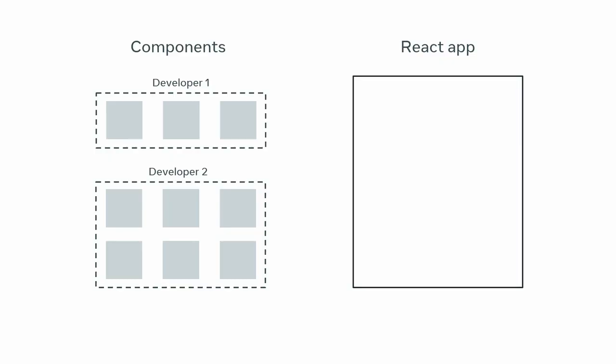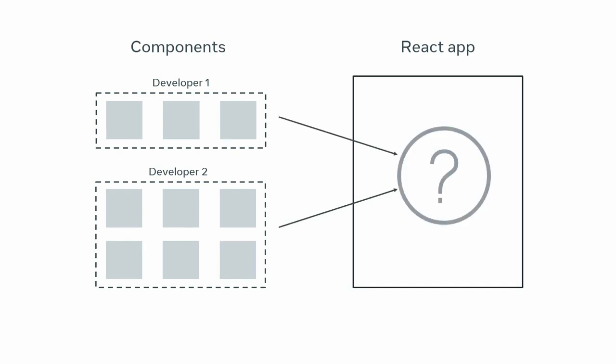To help you understand this better, let's explore the following scenario. Suppose you're a developer currently in the process of building an application with React, and there are several components that need to be included in the app. Some of the required components have already been created by your fellow developers, so you need a way to import them into your app. To do this, you need to use the operation known as importing.